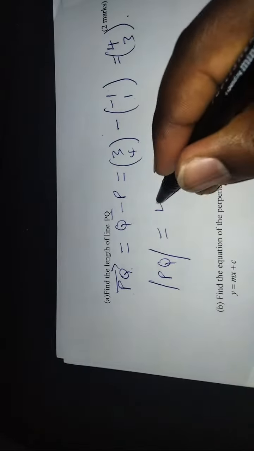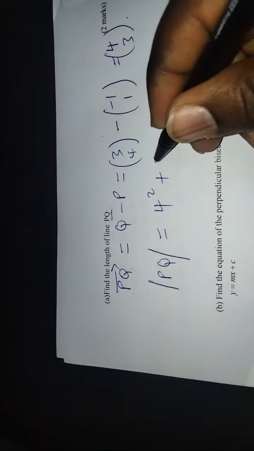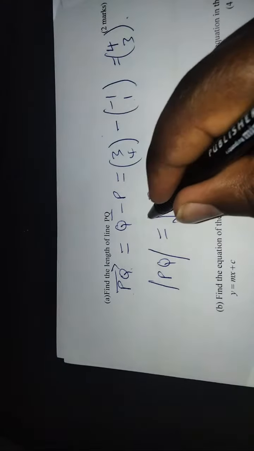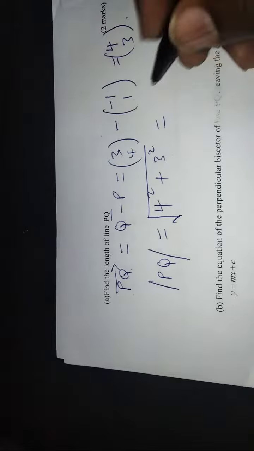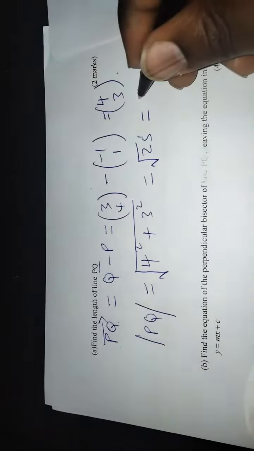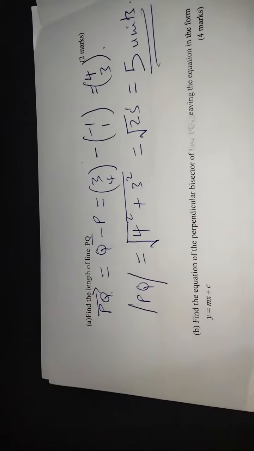We need the x component squared plus the y component squared. Then we take the square root. So this is going to be 16 plus 9 giving us 25. The square root of 25 giving us 5 units. Therefore, the length is 5 units.